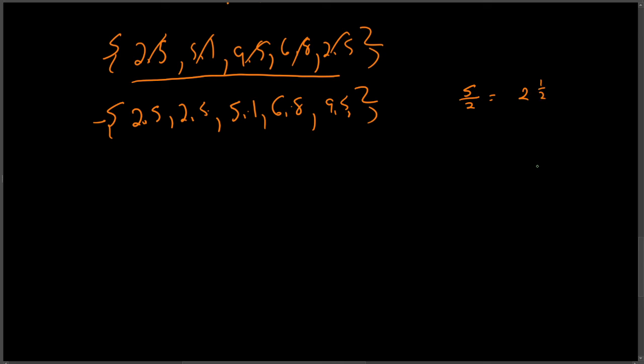Well, what we'll do is we'll look at 2. So I'll take 2 off of that side and 2 off of that side, and the median is that number in the middle. 5.1 is the median of this set of numbers.